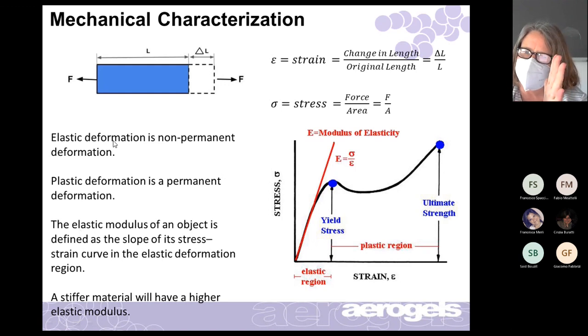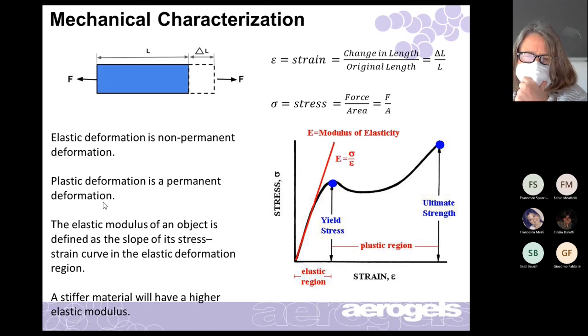So that's the elastic region, and it's a non-permanent deformation. Once you reach the yield stress, you go into the plastic region. I should say I can pull or I can push, either one. Now if I pull past this and I release, it doesn't go back to its original shape. And so that's a permanent deformation.